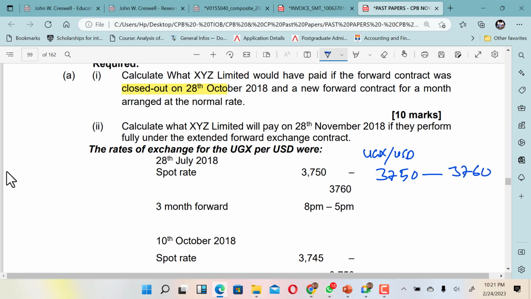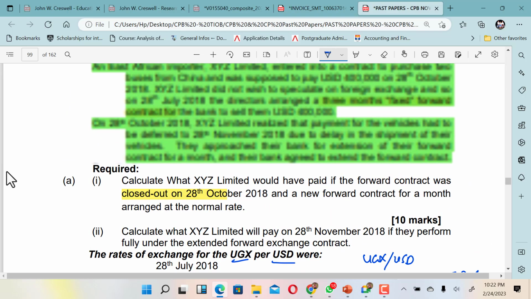These are the rates. Now, you can see that in this scenario, USD is a foreign currency, whereas UGX is a domestic currency. Okay?